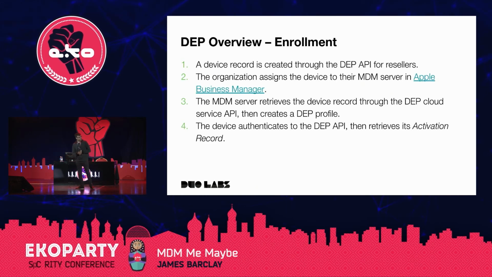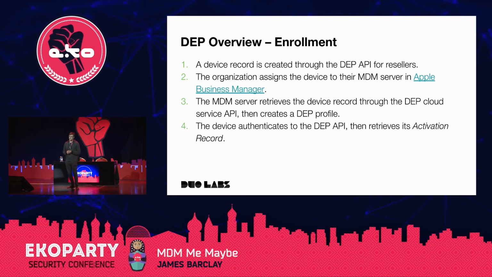Next, I'm going to just go over the enrollment process. What happens when a device boots up for the first time and checks in with DEP? There are several asynchronous steps that need to be satisfied in order for a device to enroll in MDM via DEP. Initially, a device record needs to be created by the reseller or by Apple.